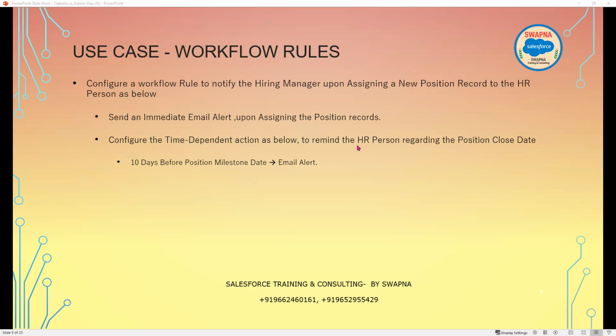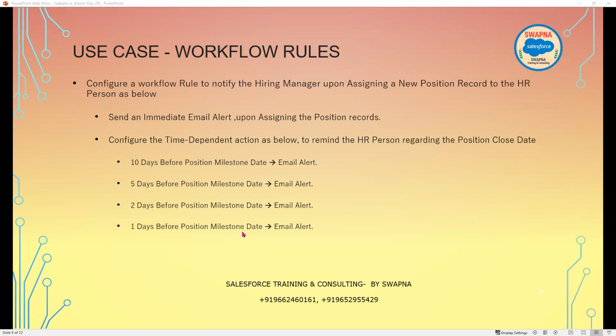Now the reminders are 10 days before the position milestone, one email, 5 days before the position milestone, another email, 2 days before the position milestone date, another email, 1 day before the position milestone date, email alert, 0 days before the position milestone date, email alert, and then 10 days after the position milestone date, change the position status to closed. Right, this is the scenario. Now let's go ahead and implement.